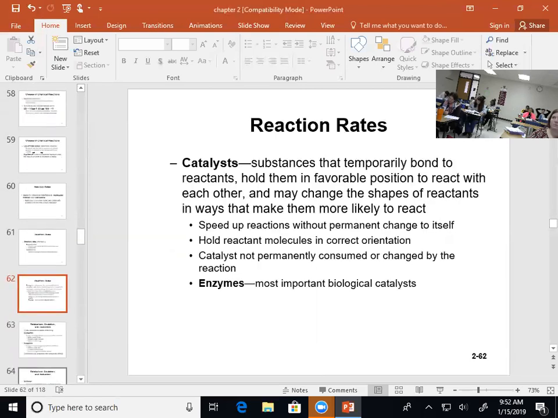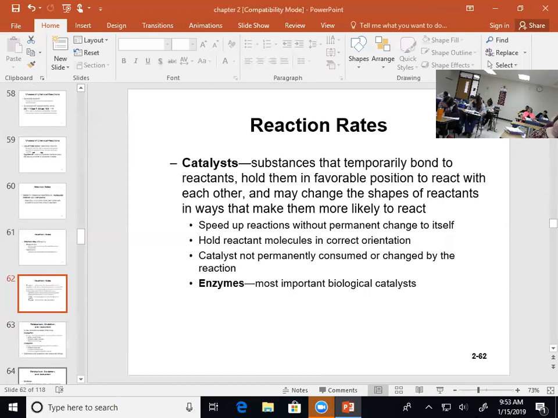I want you all to know that for all intents and purposes, catalysts are enzymes that are proteins. I want you to know that catalysts are enzymes that are protein in nature, and they make things happen incredibly quickly, almost beyond our comprehension.